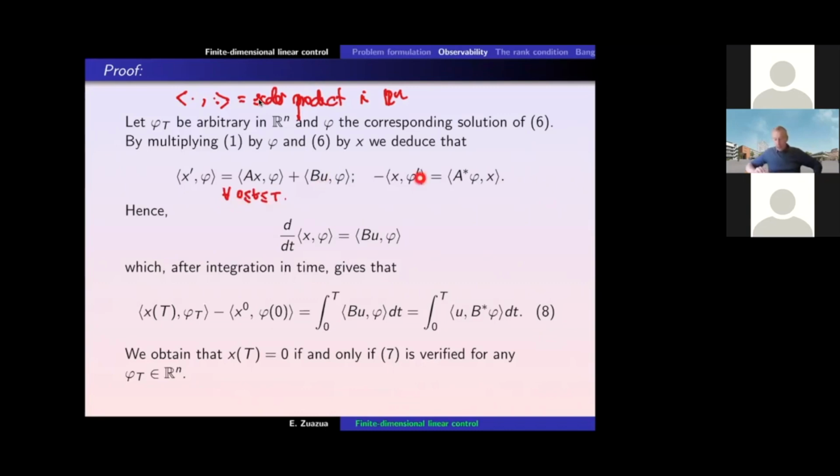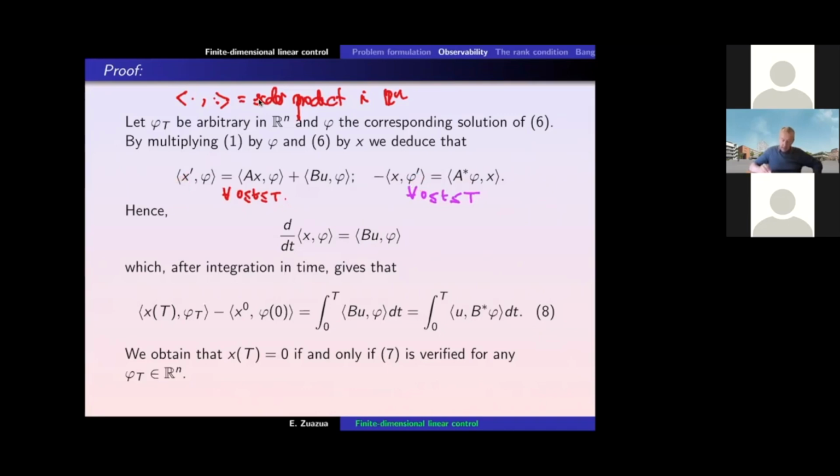Now I go to the equation satisfied by phi, which is minus phi prime equals A star phi, and I multiply scalarly by x. The scalar product is symmetric, so putting it on the left or the right doesn't really matter. I have this identity again for all t between 0 and capital T. Now I take this identity and subtract this quantity from this one, and I realize I have x prime times phi plus x times phi prime.